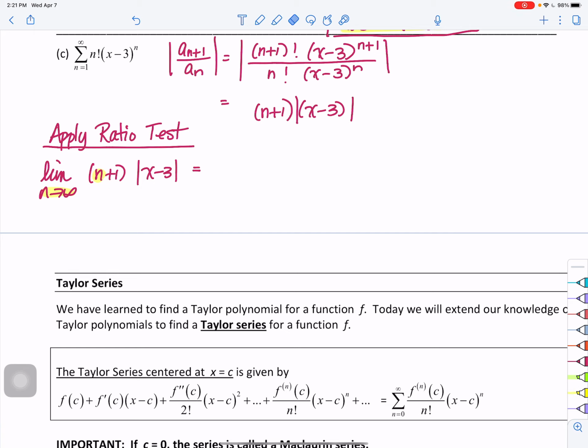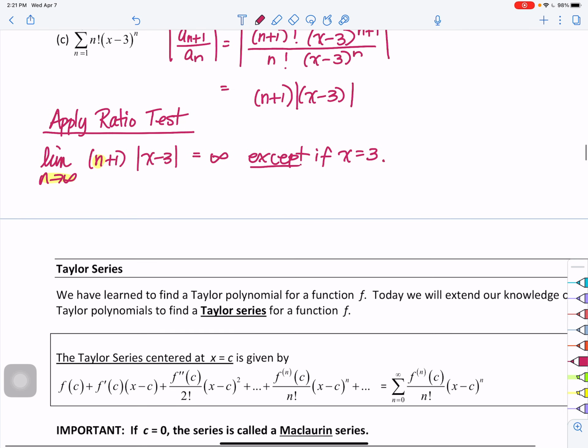But this is the deal. This is actually equal to infinity, except if x is equal to 3. Because if x is equal to 3, then we would have 0 for this term, okay? So how would we write that?